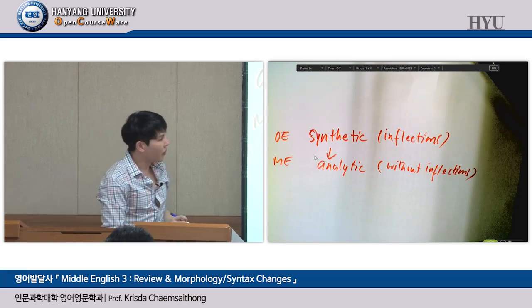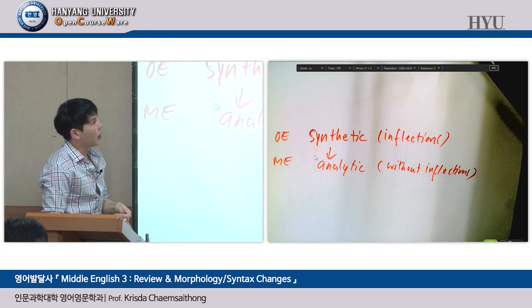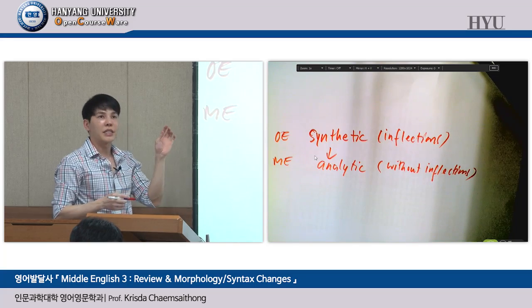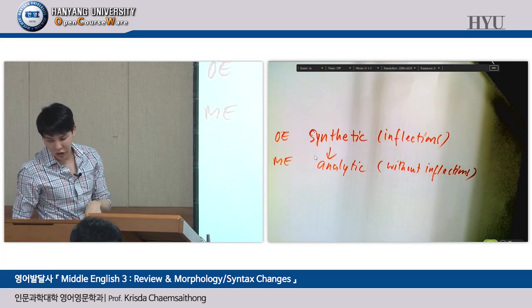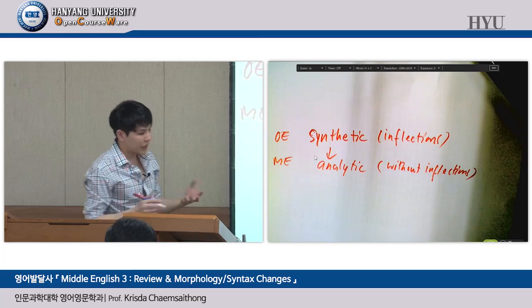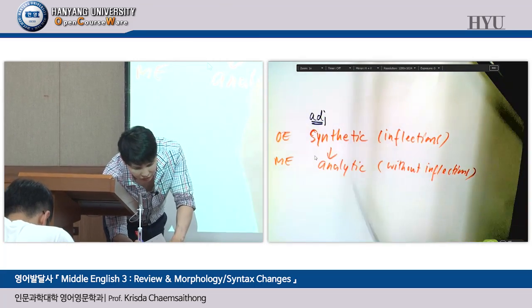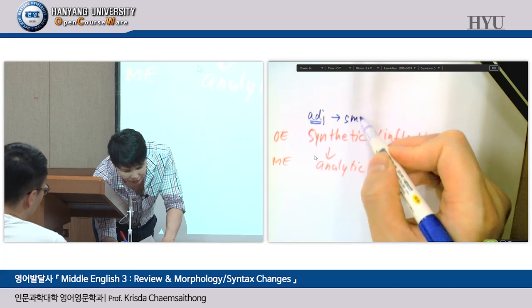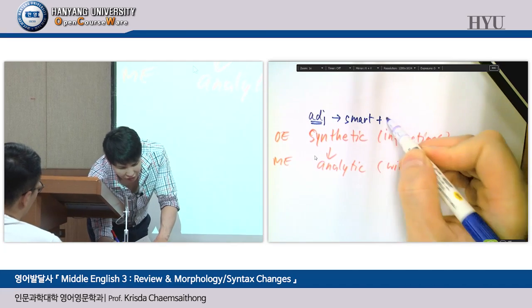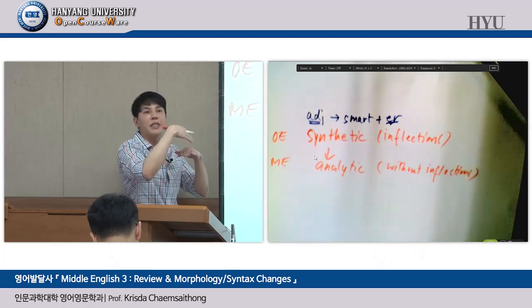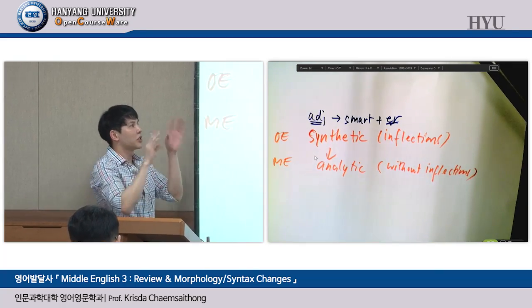So for example, in Old English, you would inflect a word, let's say an adjective. For smart, you inflect er to indicate that it's a comparative form, right? Smart, smarter.